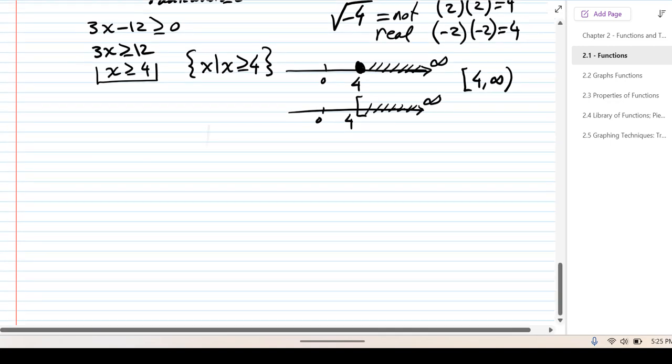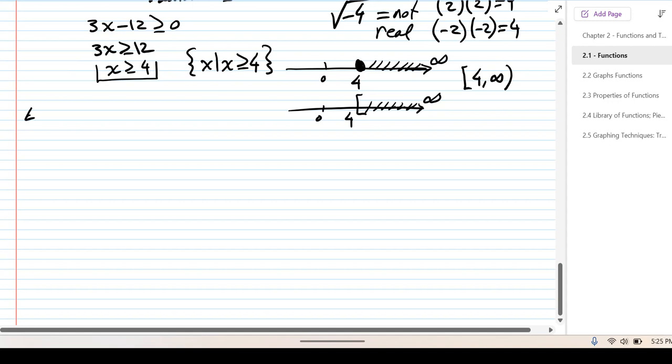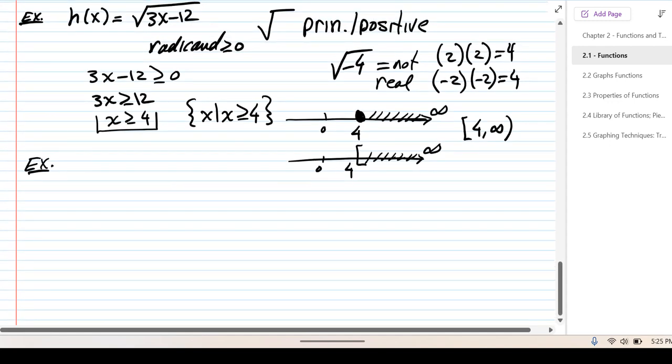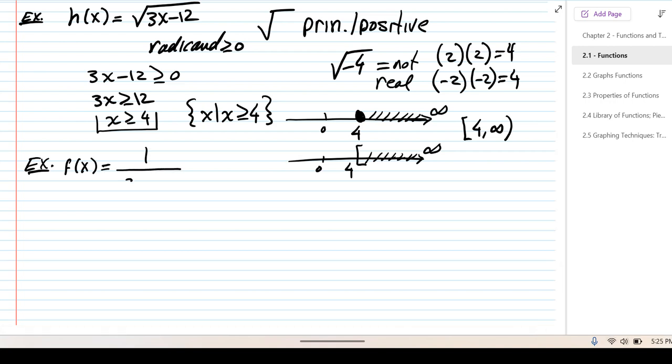Okay. Now, if, for example, I had something like what I had up here, suppose my f of x is 1 over the square root of 3x minus 12. So what we just did, all of this still holds. The radicand must be at least 0, that holds.